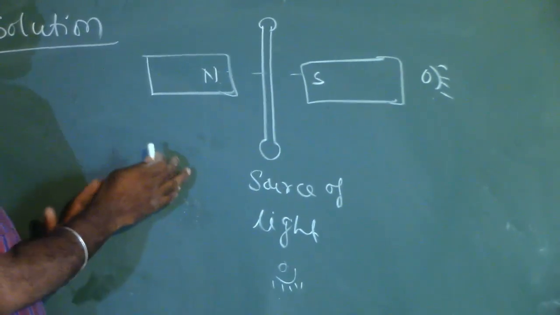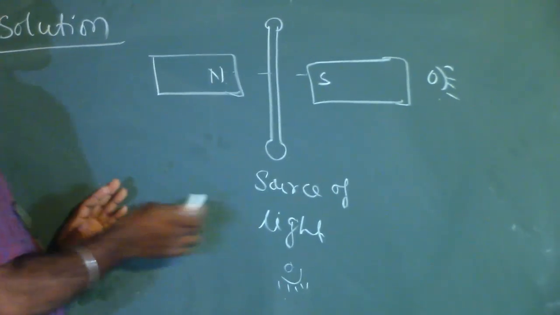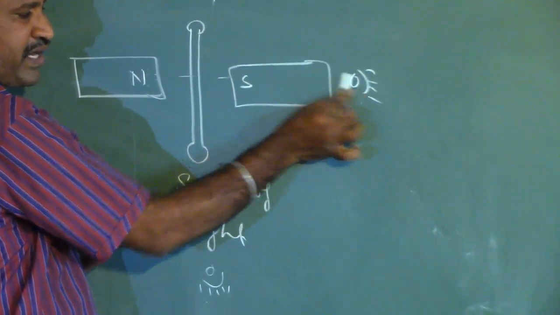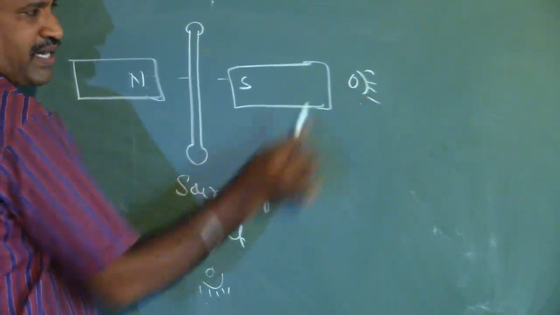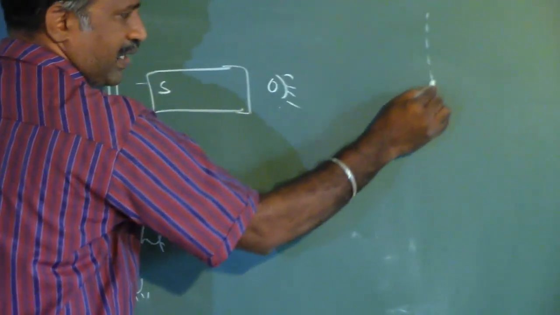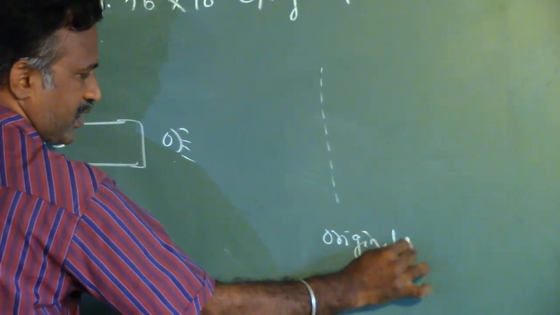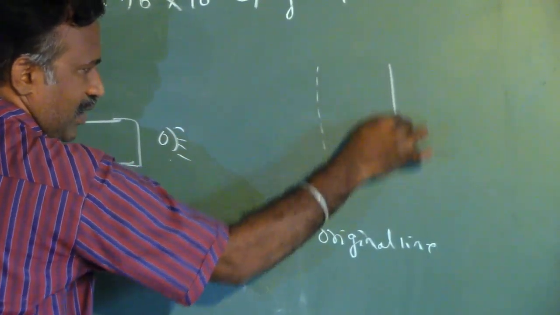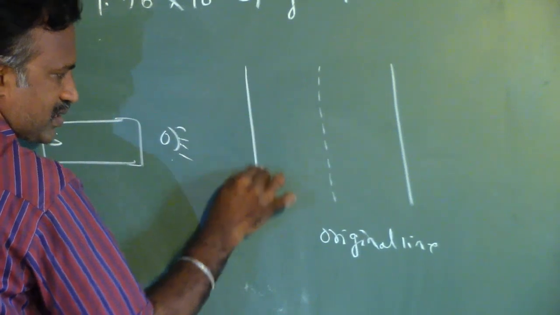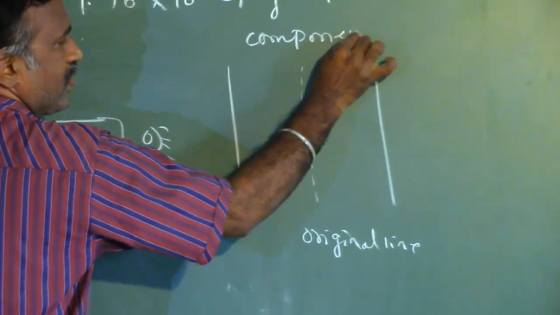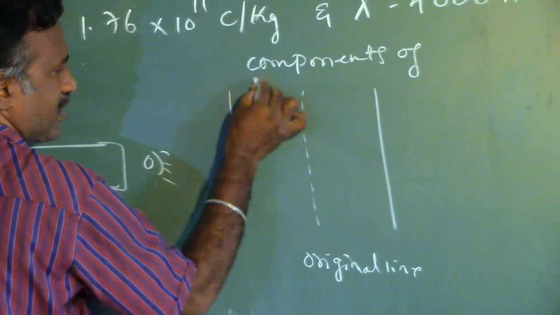Now, in this normal Zeeman effect, when you observe in a direction along or parallel to the direction of the magnetic field, we are unable to see the original line. That is, we cannot see the original line. But we can see the components of the Zeeman effect. So these two are called components of the Zeeman pattern.